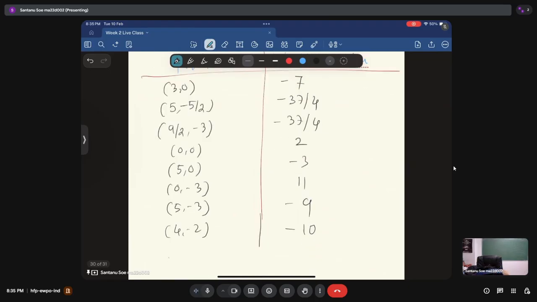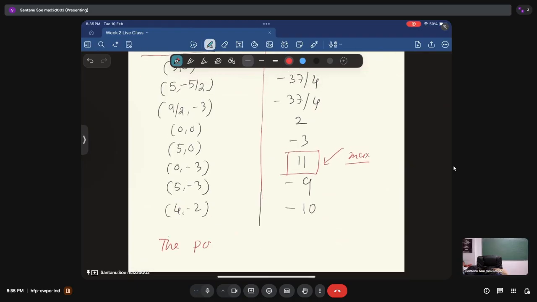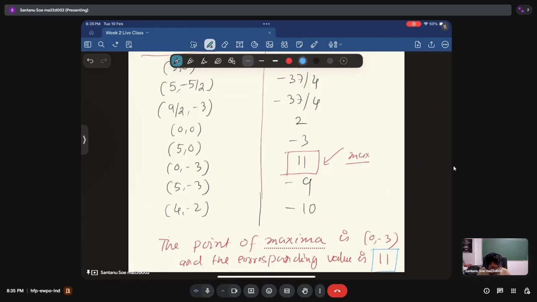So from here we can clearly see the maximum value is 11. Okay, and the point of maximum is 0 comma minus 3, and the corresponding value is 11. So this should be the answer.